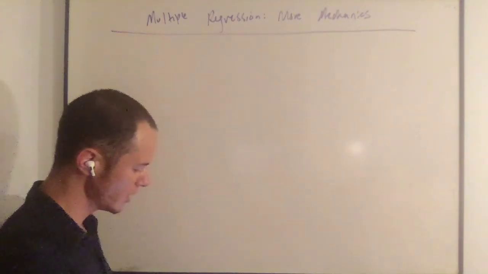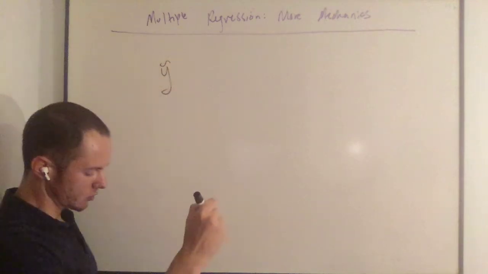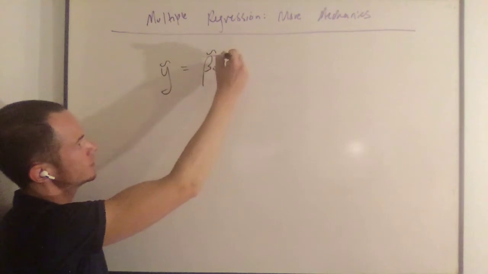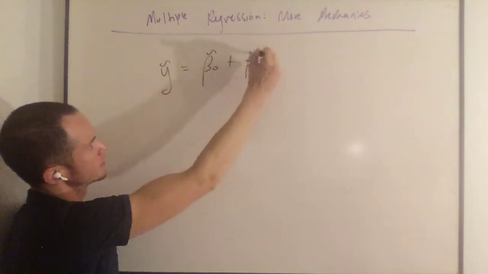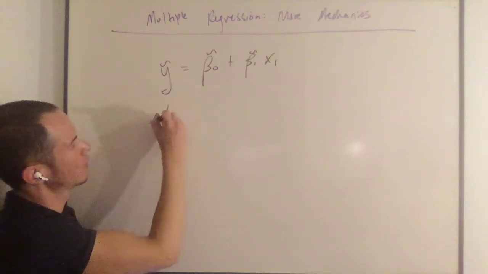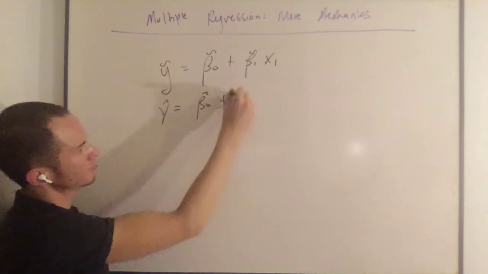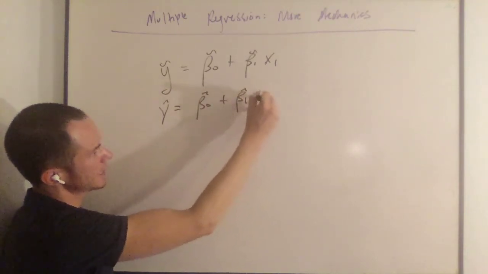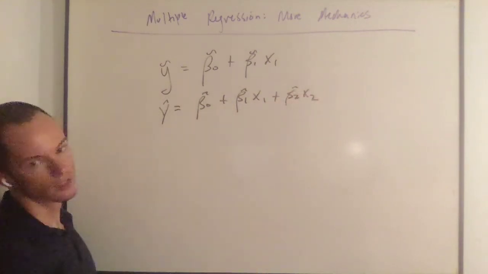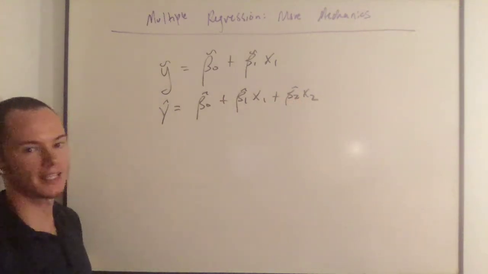So let's write down two regressions. I'm going to write down y tilde is equal to beta naught tilde plus beta 1 tilde x1, and then y hat is equal to beta naught hat plus beta 1 hat x1 plus beta 2 hat x2. All right, so assume that our hats are the unbiased estimates.